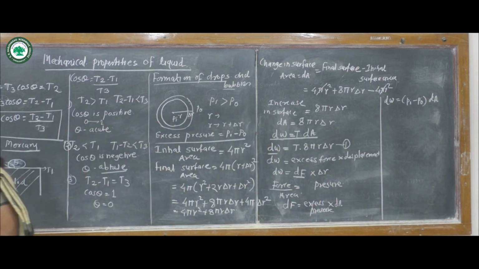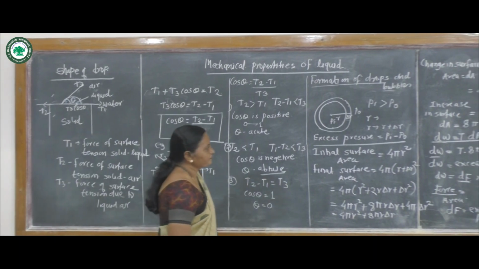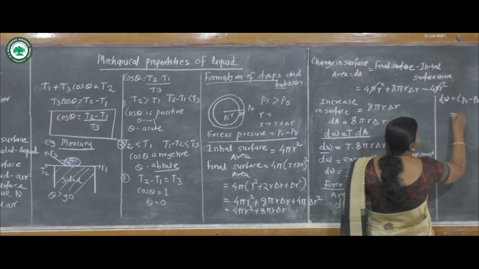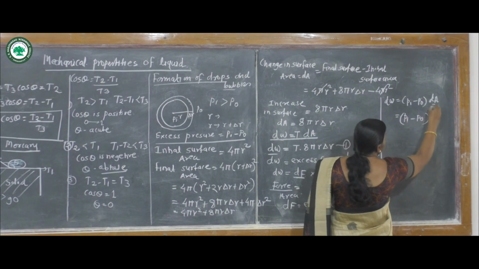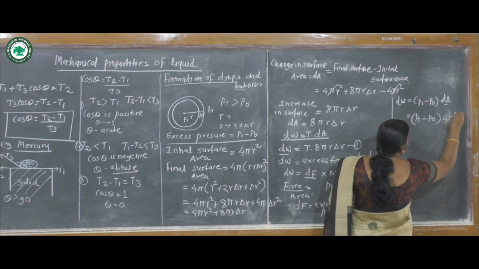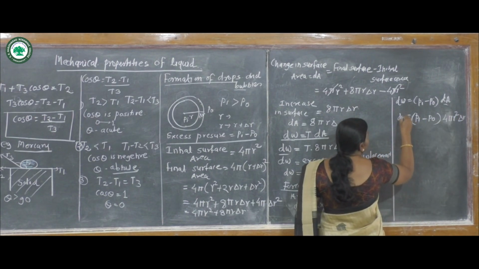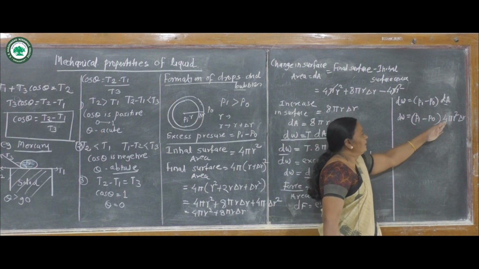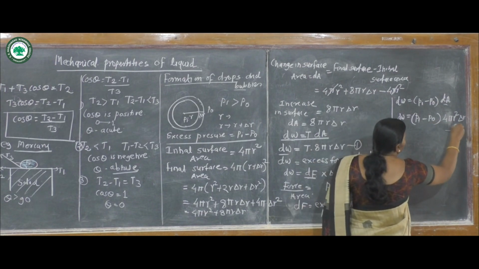The increase in area is 4 pi R square, and delta R is the displacement. So dW is equal to Pi minus P0 multiplied by 4 pi R square delta R. This is equation number 2.